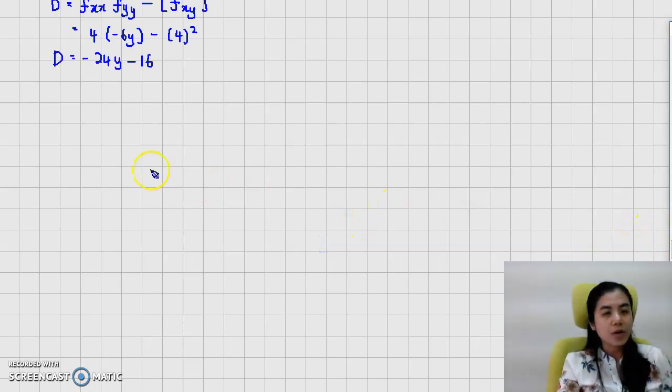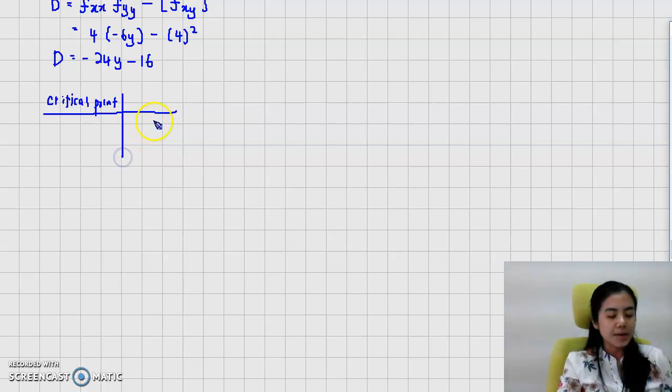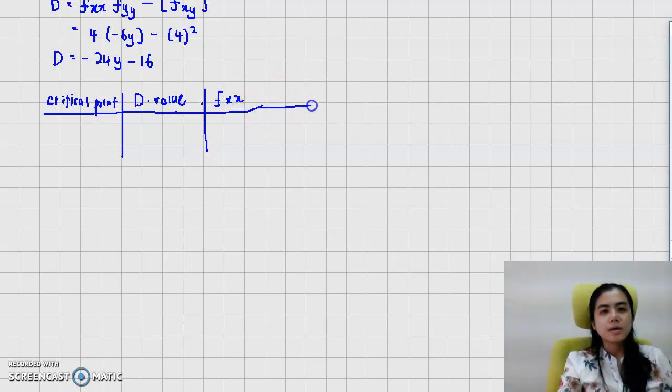So your table should consist of the critical point, first column, and then we have the D value. Then we're talking about the fxx, okay? And then we have the conclusion.